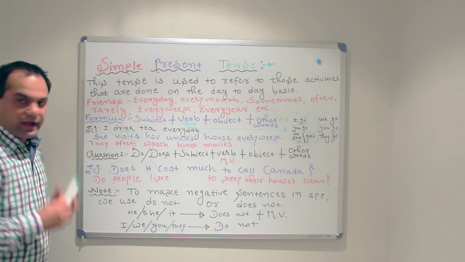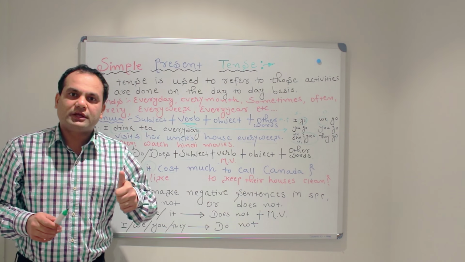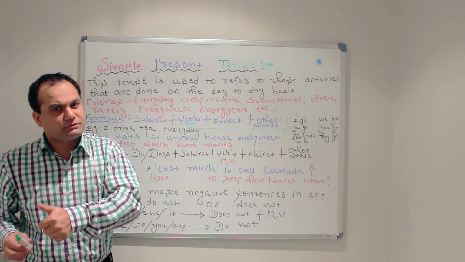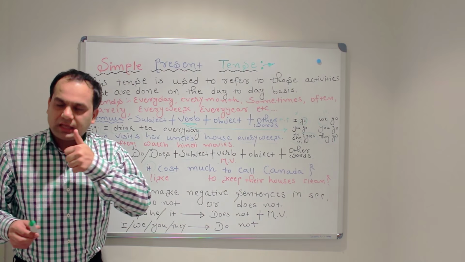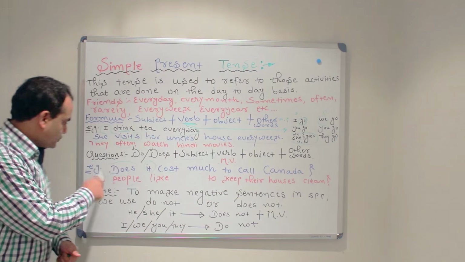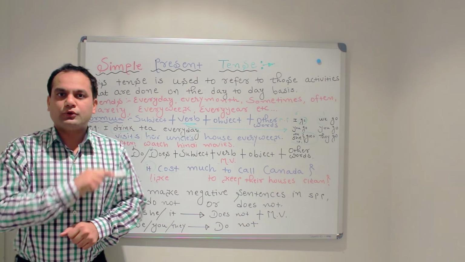Like is a verb. Again, while making a question in simple present tense, you have to use either do or does. When we are talking about first person singular, first person plural, second person singular, second person plural, and third person plural, you have to use do. When we are talking about third person singular, we have to use does.